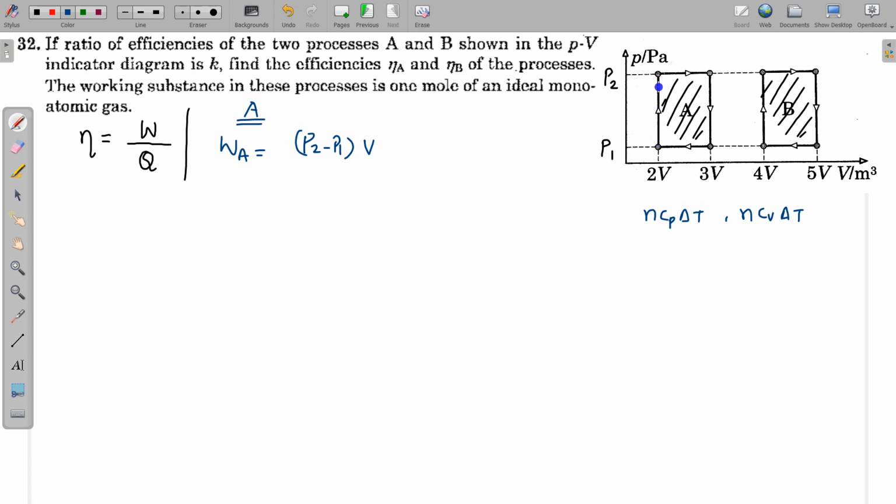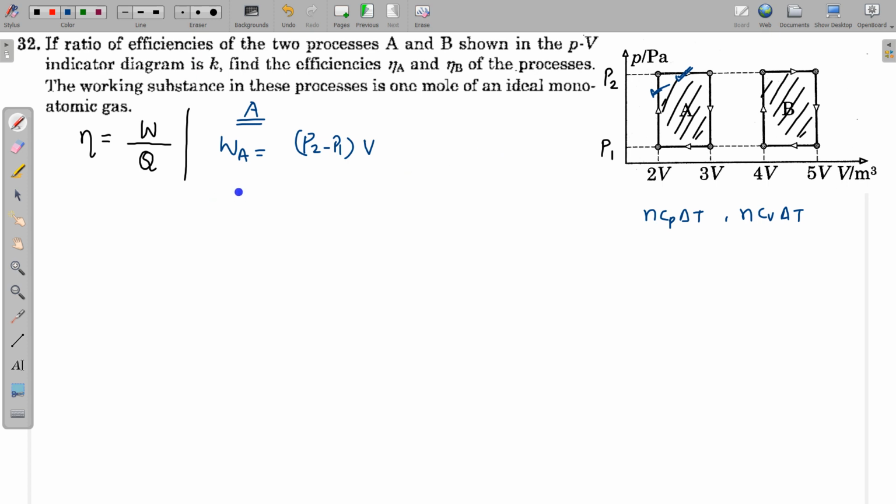So in this process heat is absorbed, and in this process heat is absorbed, and in this process heat is released, since delta T is negative, temperature is decreasing. And in this process also pressure is constant and volume is decreasing, that means heat is released. So we have to find heat related to this process and this process.